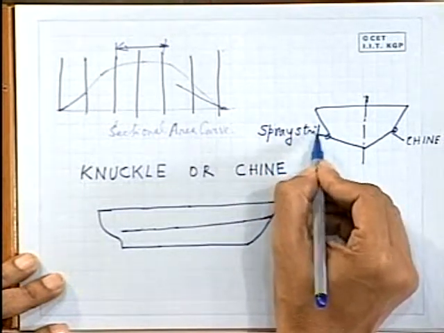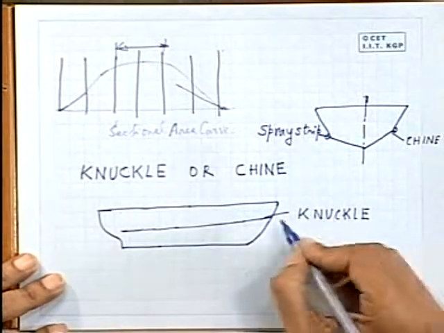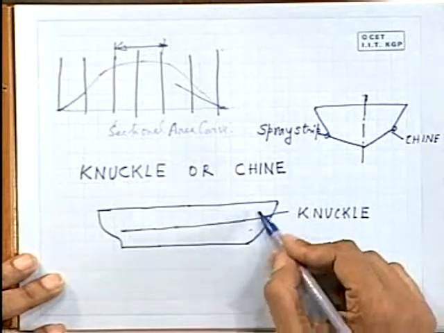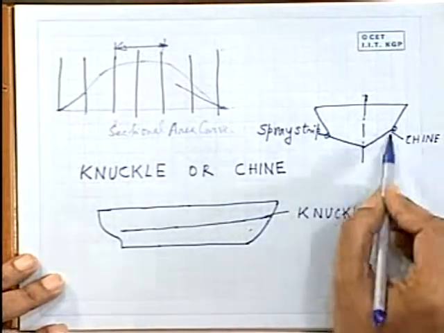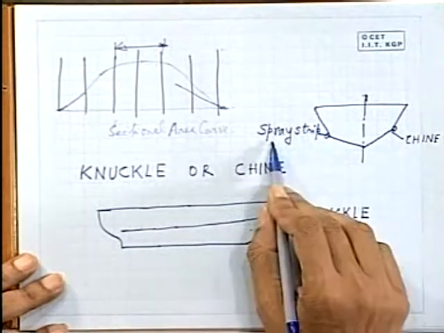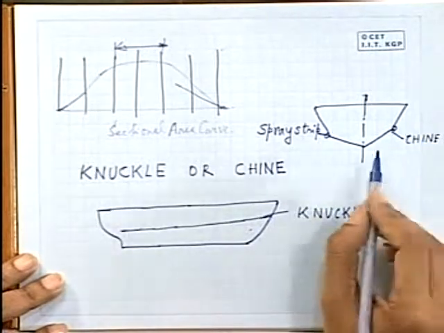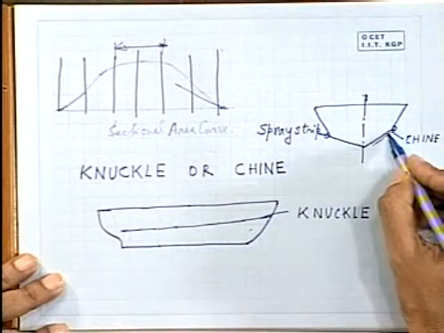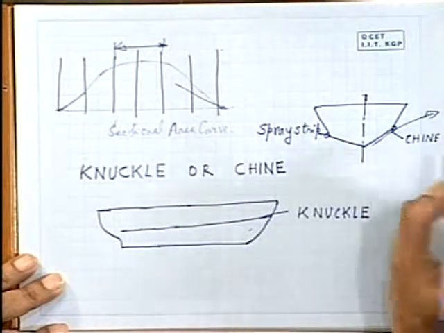So at the juncture of the knuckle or the chine, you will find there is an abrupt change in the slope. Now here this chine, along with the spray strip which is on the chine, serves the purpose of deflecting the water away from the hull.